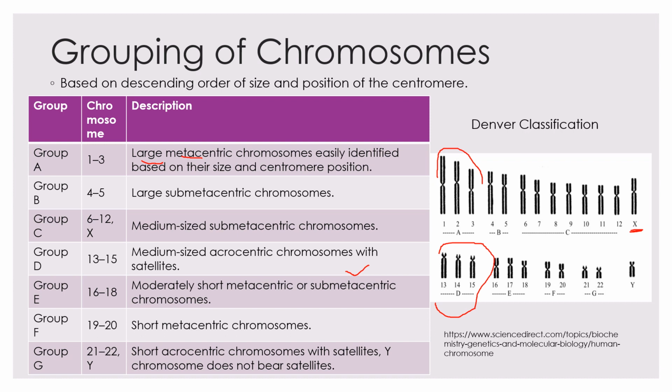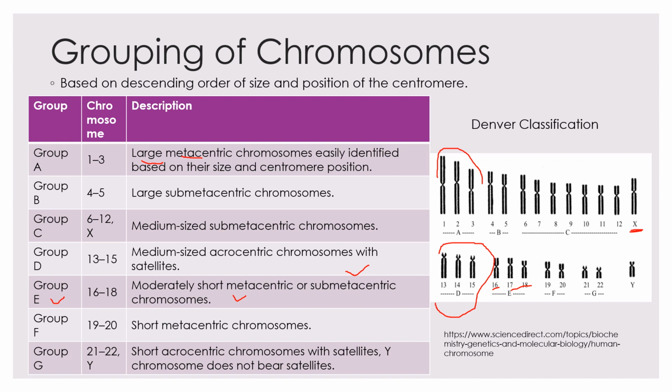Group E, you can see that there is a mix of metacentric and submetacentric chromosomes. 16, 17, 18 is classified as group E, and they are called moderately short metacentric, submetacentric chromosomes. 19 and 20 are short metacentric chromosomes.